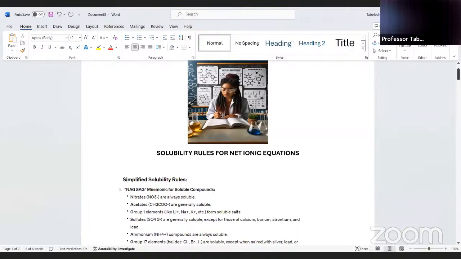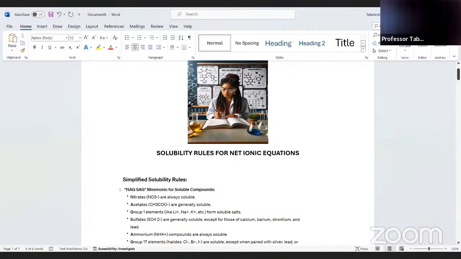For instance, if you learned how to balance chemical equations with ease and you understood it, guess what? It comes back in the form of net ionic equations. Also, writing out chemical reactions comes back during this lesson as well.